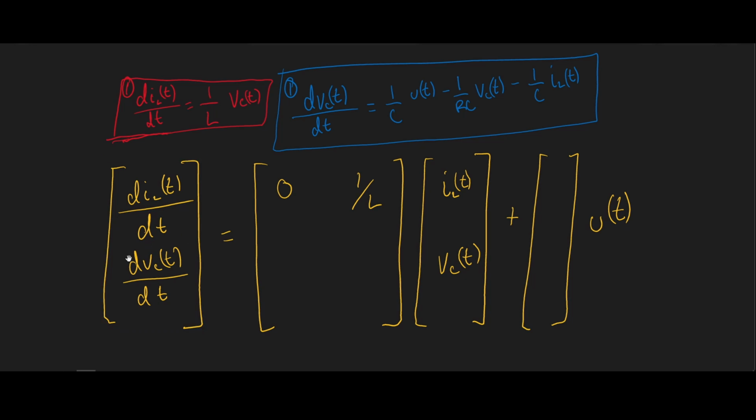And solving for dV/dt, we see that we have a component of negative 1 over C times i_L(t), so that will go here to be multiplied by i_L, the current across the inductor, and we have negative 1 over RC times Vc of t, so that will go in the second row, second column.